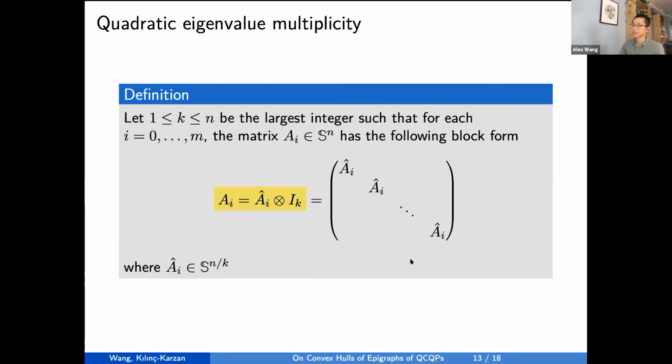As a first observation, we can always take k to be equal to 1, because when k is equal to 1, the identity block on the right is just the 1-by-1 scalar, and we can always take \hat{A}_i to be A_i itself.